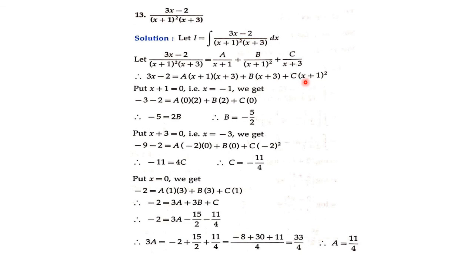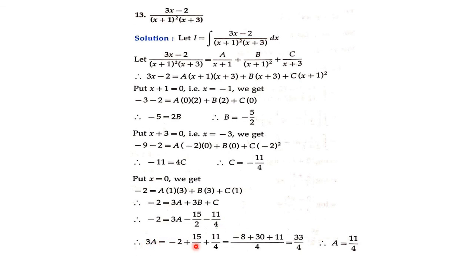Now how can we obtain the value of A? See, put x = 0, we get −2 = A(3) + 3B + C, that is −2 = 3A + 3B + C, that is 3A − 15/2 − 11/4, isn't it?